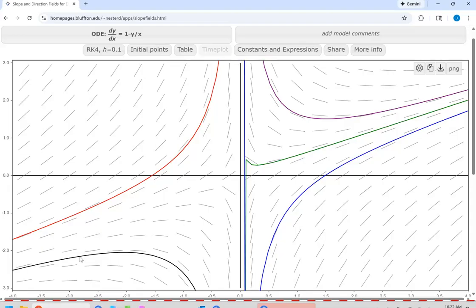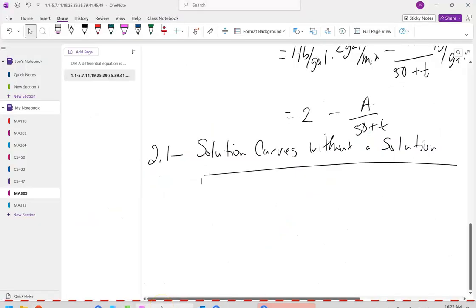All right. So the other part that they talk about in this particular section is what's referred to as autonomous first-order differential equations.